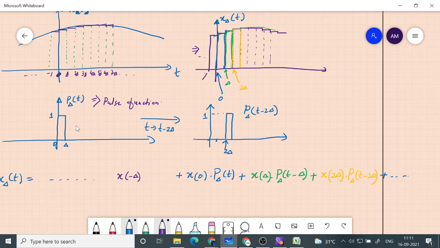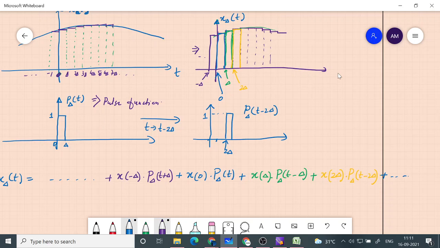This point is minus delta, and whatever is the height remains throughout the slice duration, multiplying p delta of t plus delta, right? So this way you can keep on going.